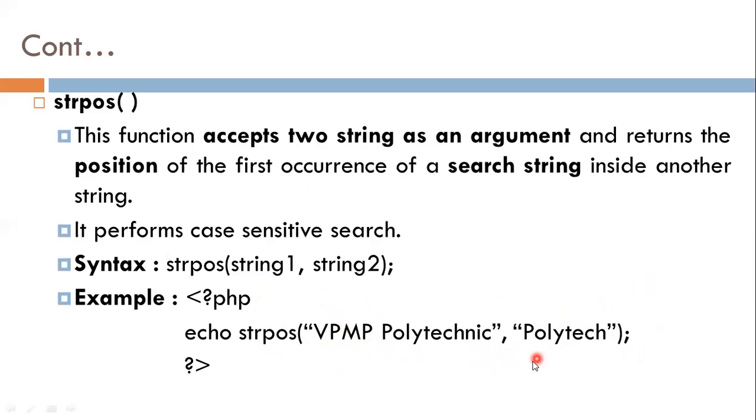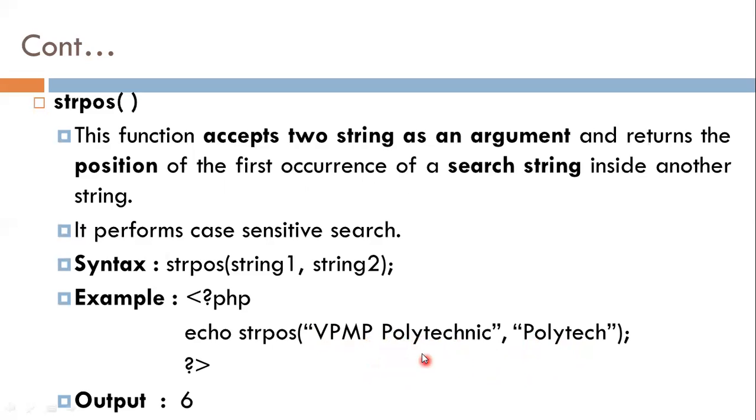If it matches, then it gives the position of the first character. So it starts from V, then P, M, P, then P. P matches P, then O, and Polytechnic is found.